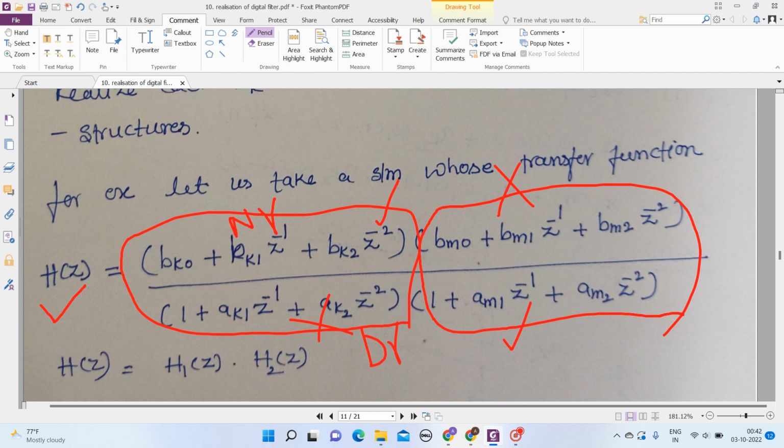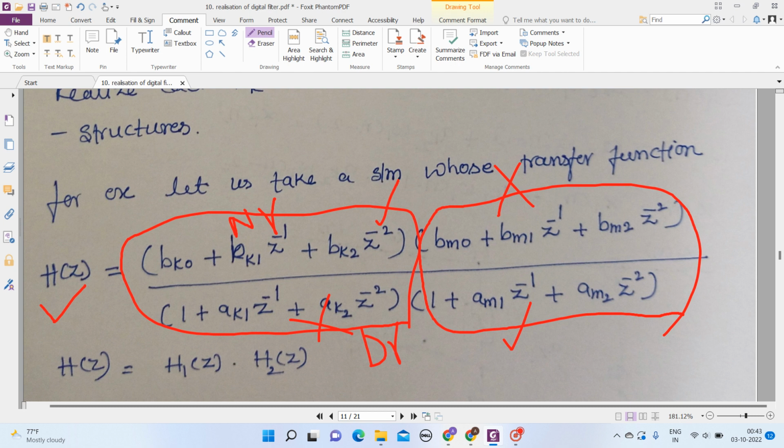The structure and performance of the filter vary depending on how you take it. The order of the filter is very important. Whether we take this one as H1(z) and this one as H2(z), or this one and this one as H1(z) and the other two as H2(z), it entirely changes the filter performance and other functionalities, which you will see in the next video.